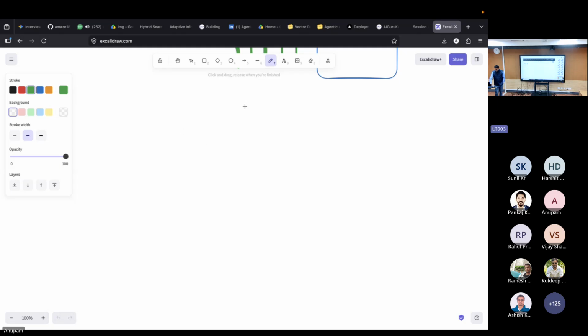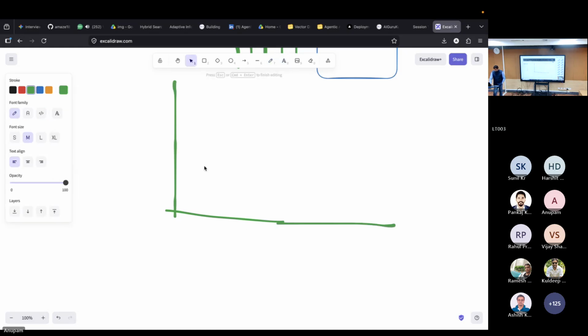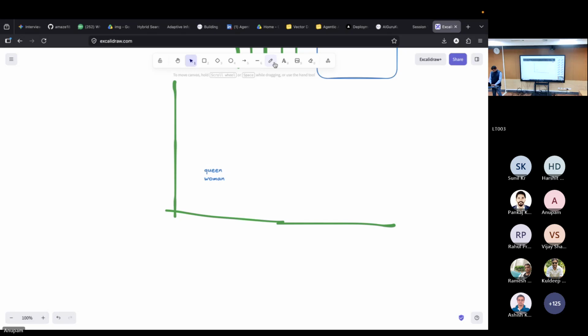So if we think about representing words in two-dimensional space, here you have, say, the word queen, and here you have the word woman. Similarly, here you have the word king, and here you have the word man.